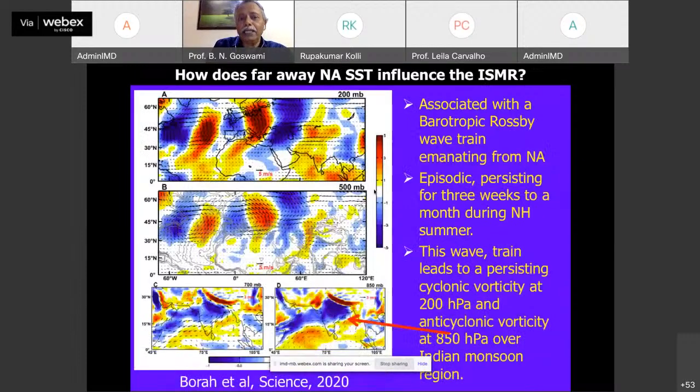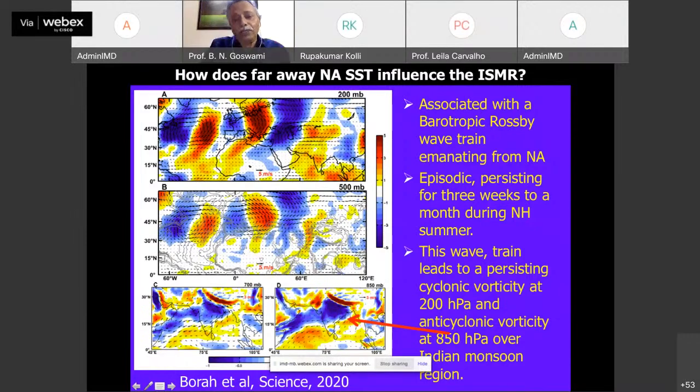They did a composite of the seasonal mean wind anomalies associated with these events, and found that there is a strong teleconnection through a stationary wave train, which goes all around the world, including coming over India.